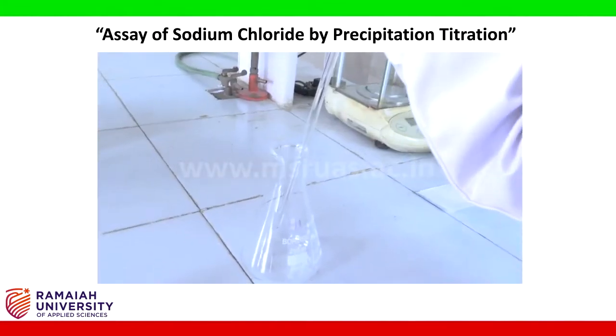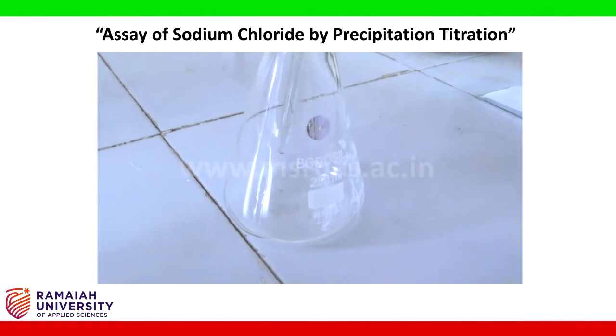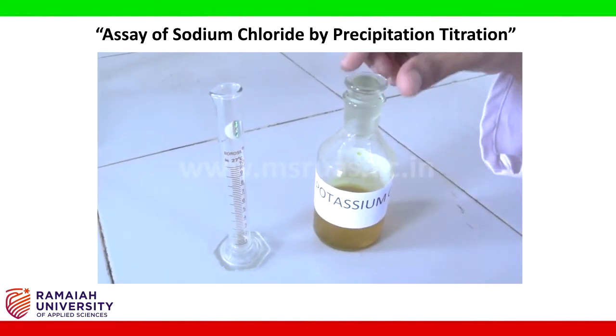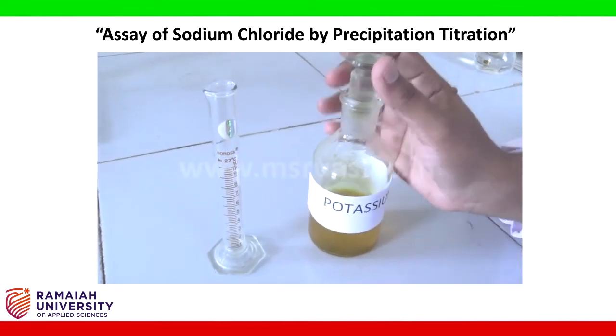Transfer into the conical flask. Add 1 ml of potassium chromate as indicator.